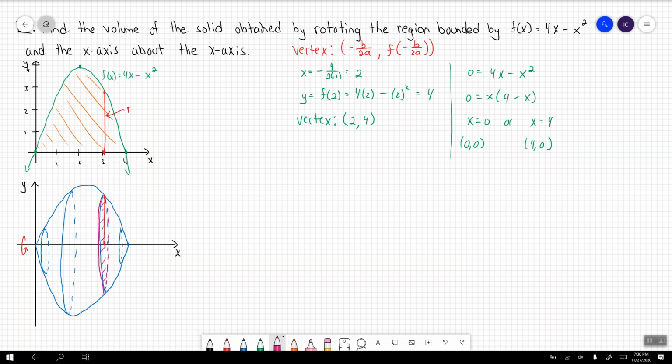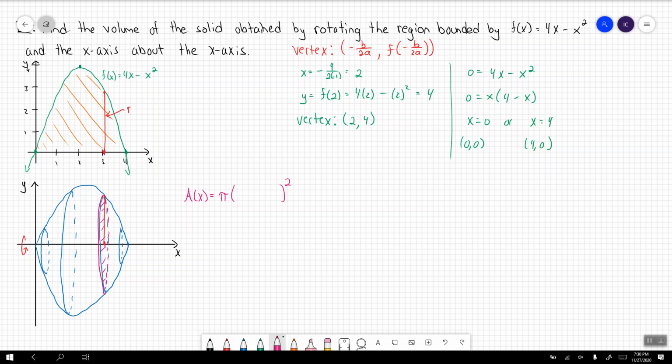So in order to find the area of this cross-section, the area is going to be pi r squared. Now again, the radius is going to be this radius that we're looking at.